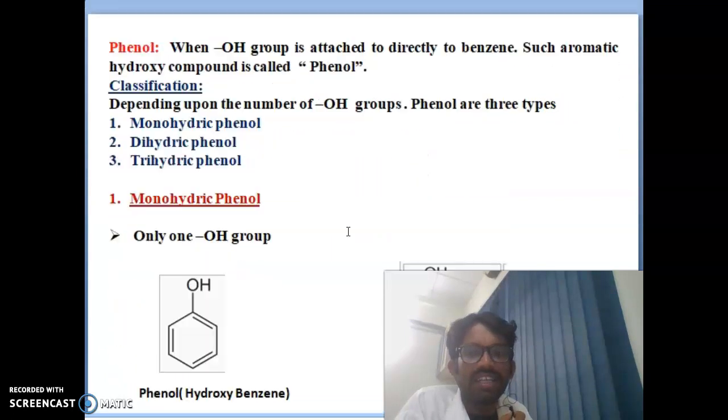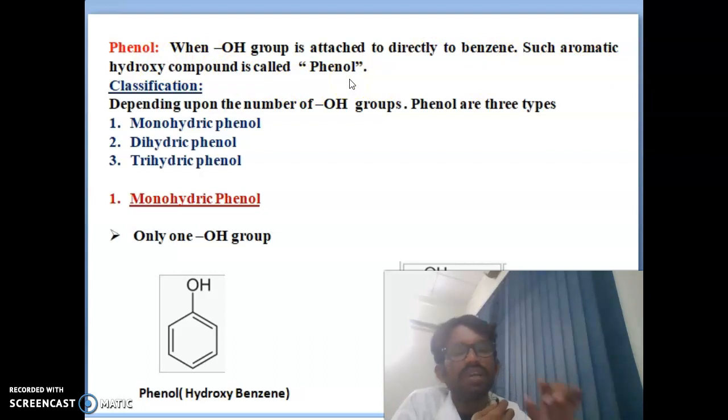And you can see the next term, phenol. In organic chemistry, phenols are important. What is phenol? When the OH group is attached directly to the benzene ring, such aromatic hydroxy compounds are called phenols.